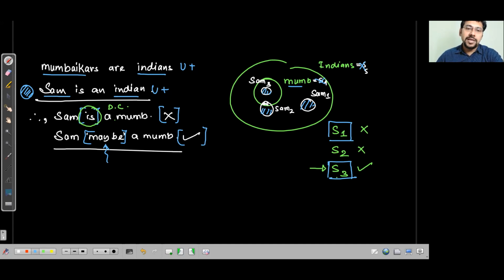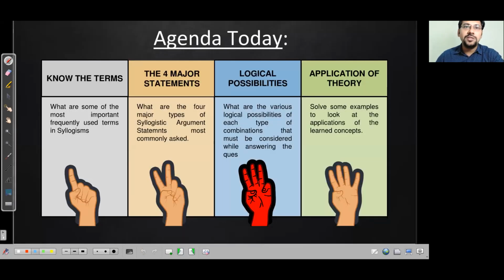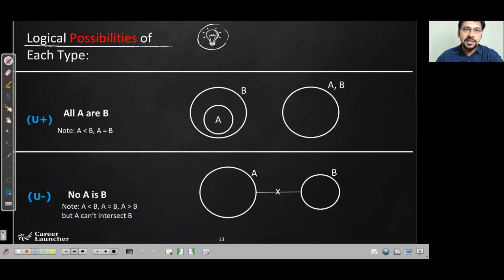But let's quickly move to the next segment of the video, which is about understanding the logical possibilities of each type. Now, since we have understood what the logical possibilities are when two variables are concerned, it's important that you understand at least two logical possibilities with two variables like A and B very well, because in syllogisms more than two variables can also be asked.